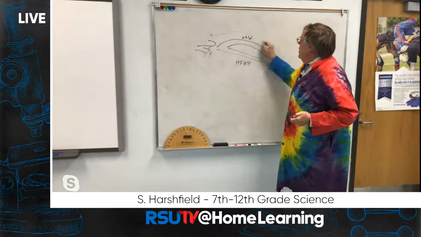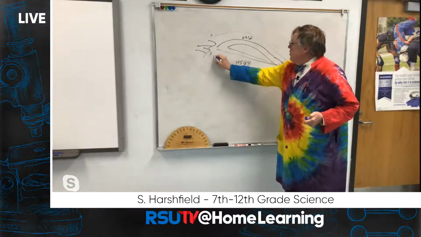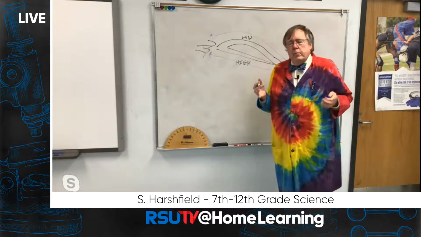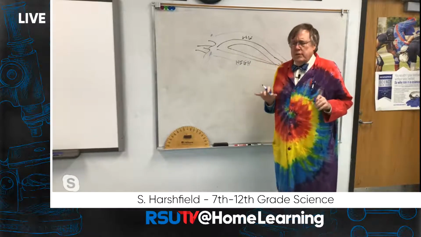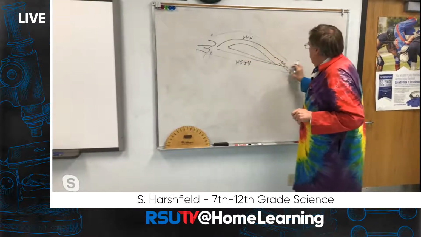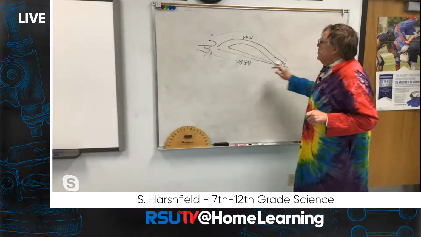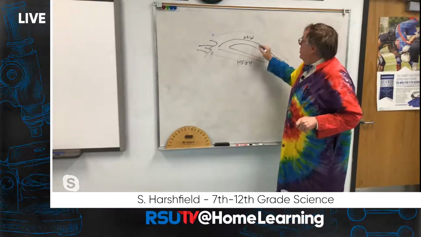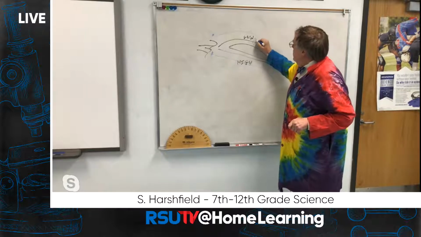This one coming over the top. This one is going to be following along here. People say these 2 friends are going to want to meet back here. So this one having farther distance to travel is going to speed up. That's going to cause a lower pressure and pull the wing up.